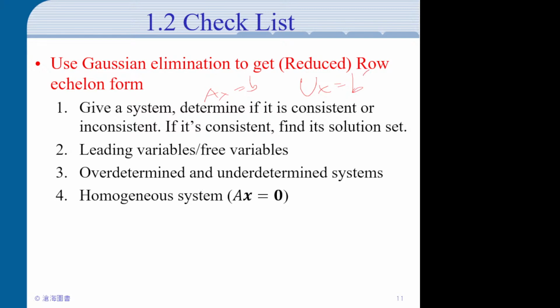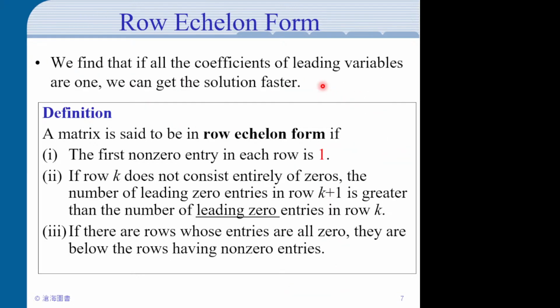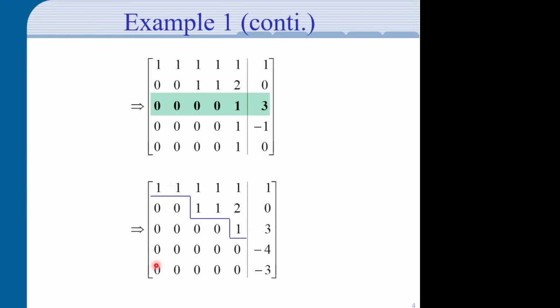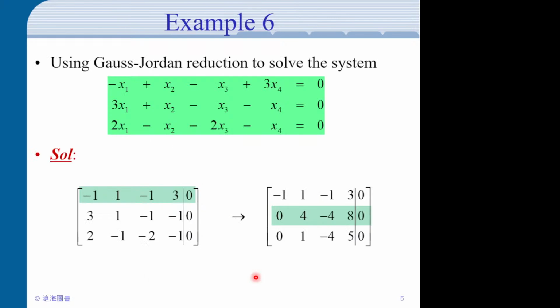And because this reduced row echelon form matrix is a really strong constraint, you can read the lead variables and the free variables from U. To determine whether it's consistent or not, you just read all of those zero rows, and if zero rows correspond to non-zero b, then it's inconsistent, etc.